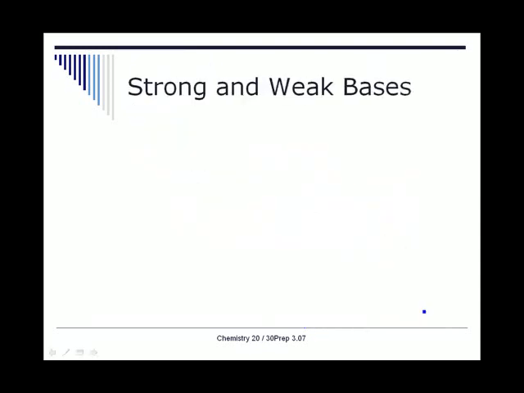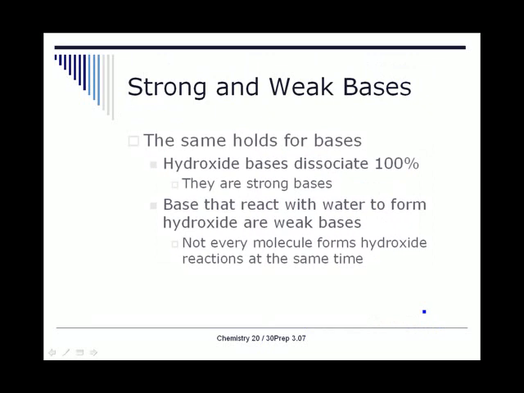So, because we can have strong and weak acids, we can also have strong and weak bases. So it's the same idea. For those bases that have hydroxide ions, all of them dissociate 100%. So all bases with OH in their formula are considered strong bases.